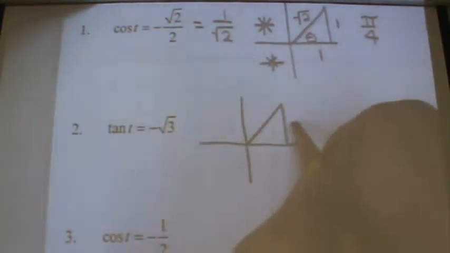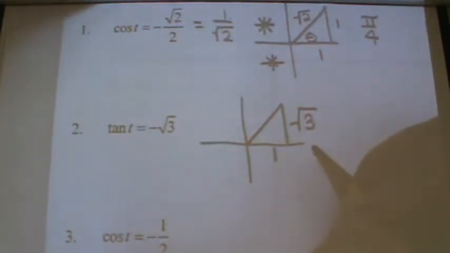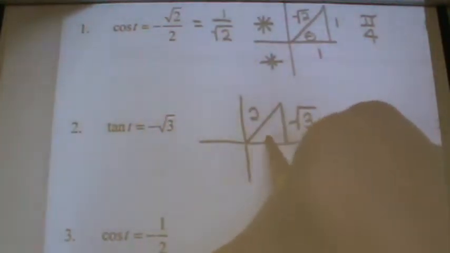Okay, the next one, tangent. Draw your triangle in quadrant 1. Tangent is opposite over adjacent. So what angle is this? It's a 60. So it's pi over 3. But we want to be negative. In what 2 quadrants is tangent negative in? Here and here.